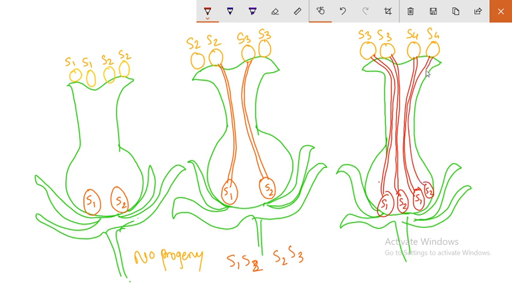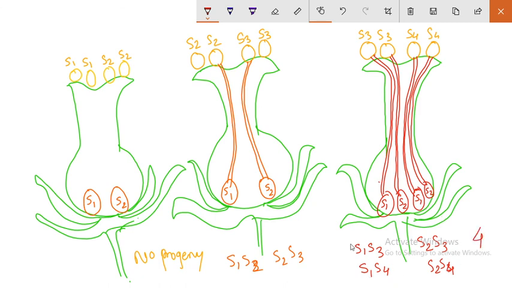Similarly this S4 is also produced. So it will produce S1, S3, then S2, S3, then S1, S4 and then S2, S4. So these four progenies are produced.